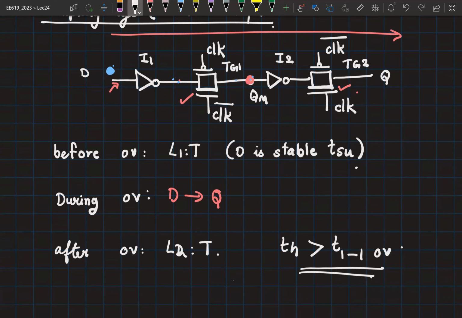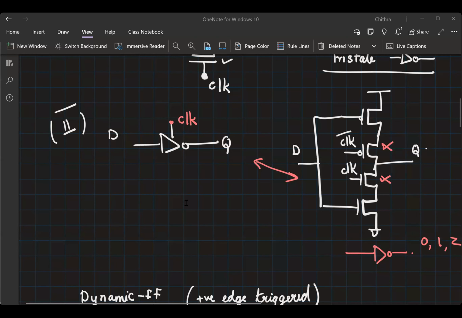So now let us move on to the flip-flop implementation using the tri-state inverters. Can you construct a positive edge-triggered flip-flop using tri-state inverters? So this is a latch using the tri-state inverter.